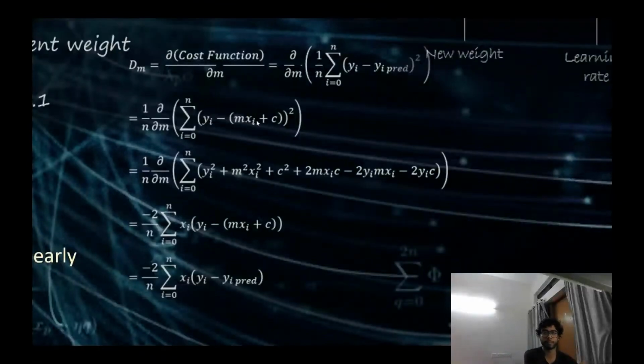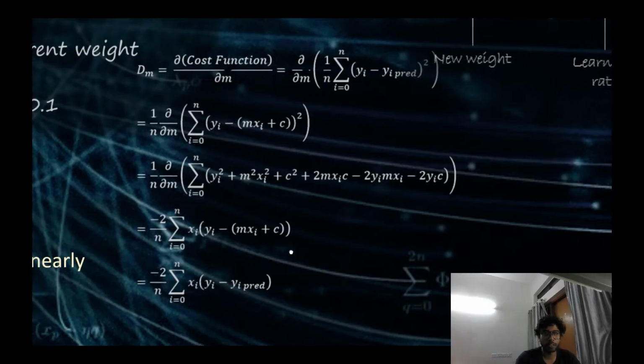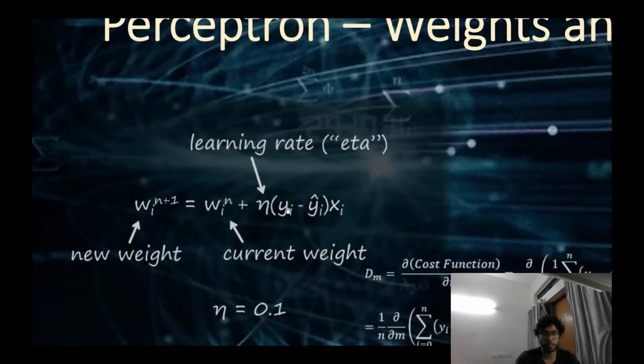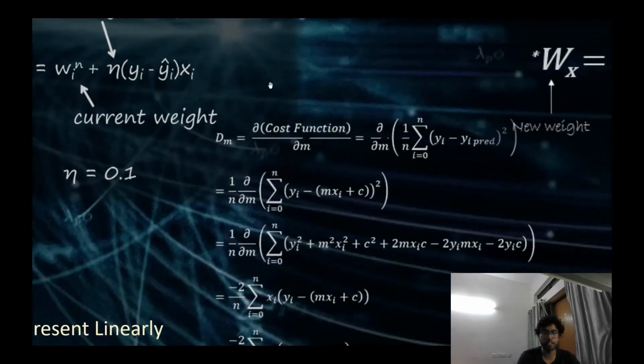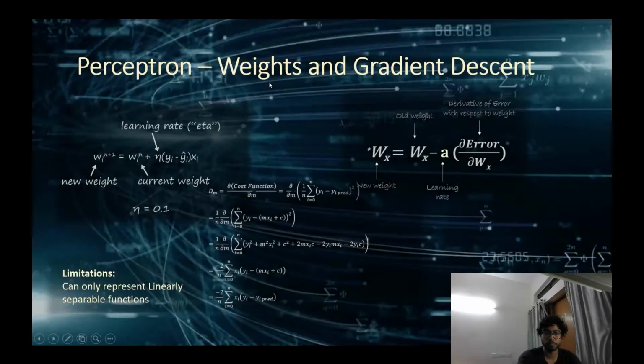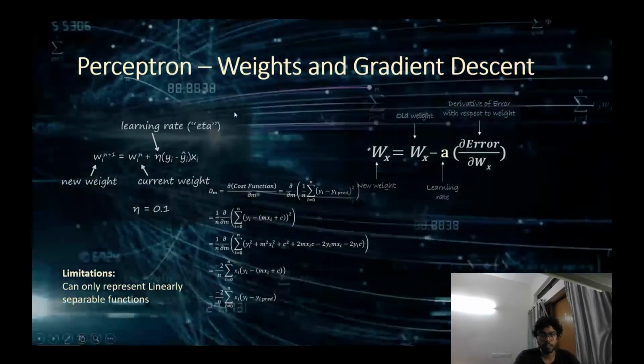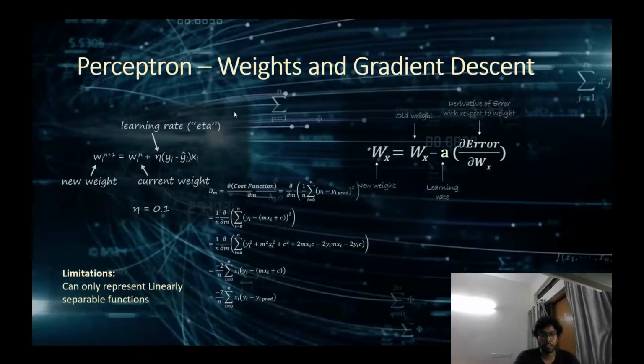Taking the derivative with respect to the weights, it turns out to be this, and finally you get xi times (yi minus y predicted). So this is what we saw over here. This is how you update the weights in the case of a regression problem.